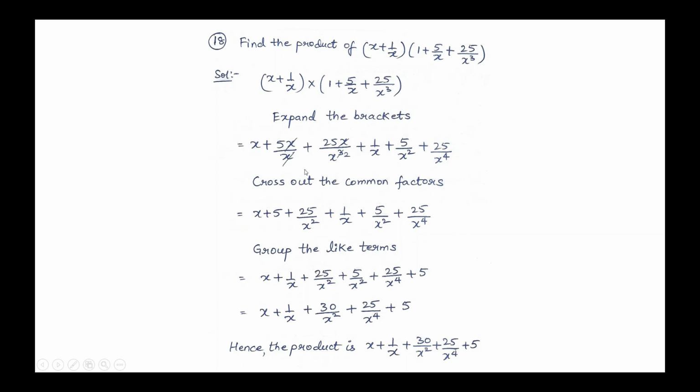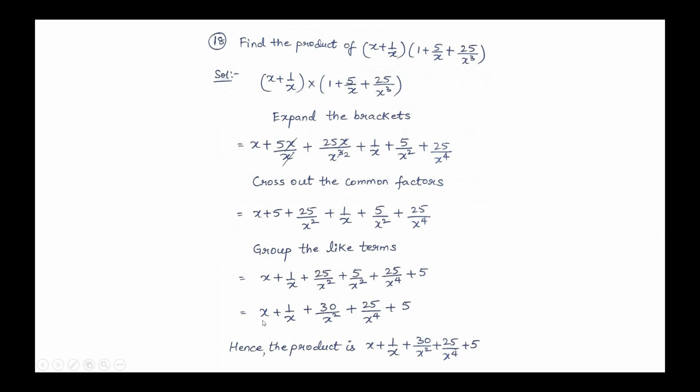Let's cross out the common factors. So that's x + 5 + 25/x² + 1/x + 5/x² + 25/x⁴. Let's group the like terms and write x + 1/x + 25/x² + 5/x² + 25/x⁴ + 5.